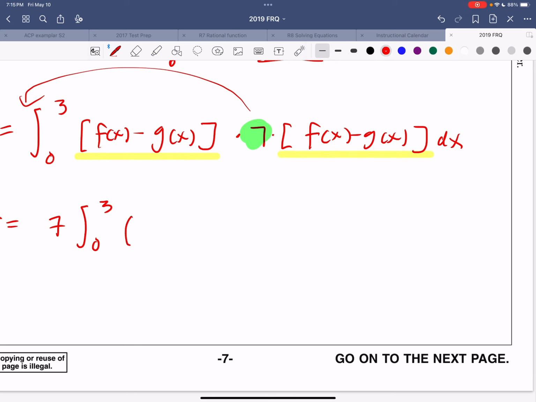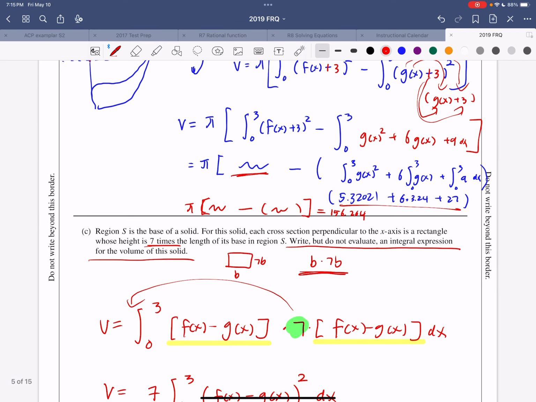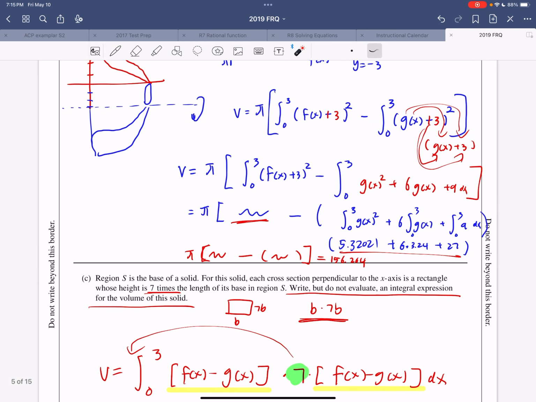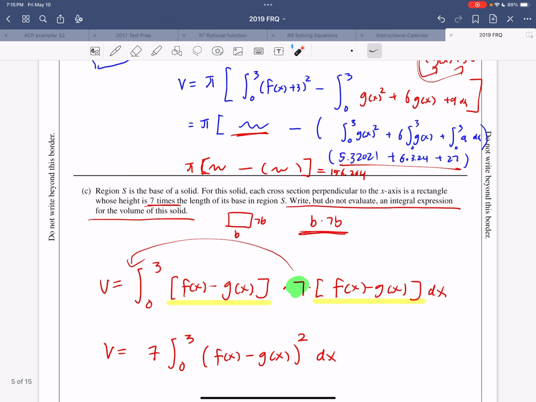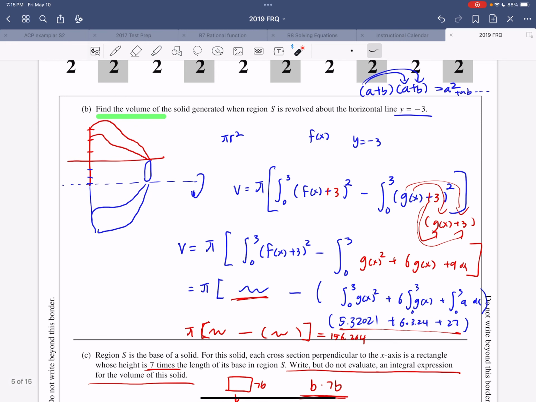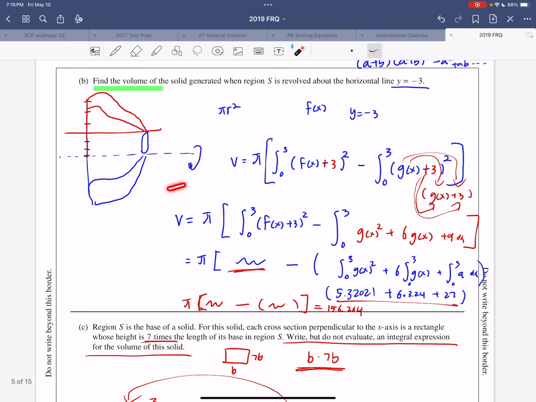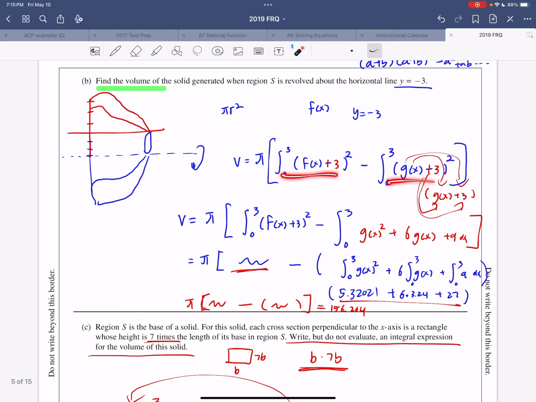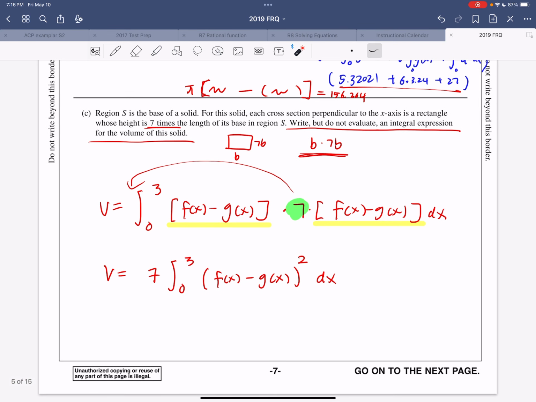So I'm going to put f of x minus g of x squared dx. We can do it like that because we have 2 of this. The difference between here and here is that this one is a multiplication, so I'm just putting this together as a square. This one I can break apart because I just broke it apart from f and g. That's the only thing that is different. Yep, so we're done with this one.